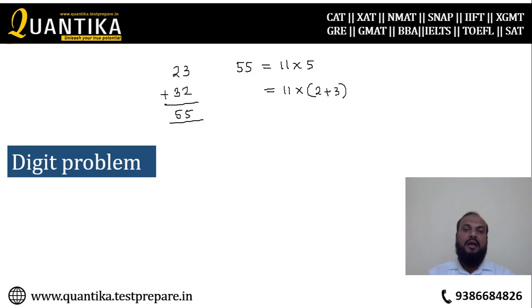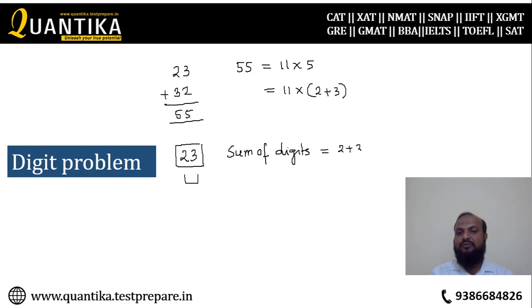This is what I was talking about. So, when you take 23 as a two-digit number, what is the sum of digits here? The sum of digits is definitely 2 plus 3, which is equal to 5, correct? And 11 into 5 is how much? That is 55.